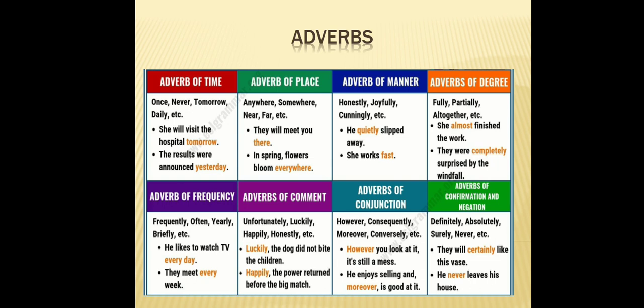Adverbs that express the importance, degree, or level of the action are called adverbs of degree. They answer the question: how much is the action performed? Adverbs that express the manner, approach, or process of the action are called adverbs of manner. They answer the question: how is the action performed?